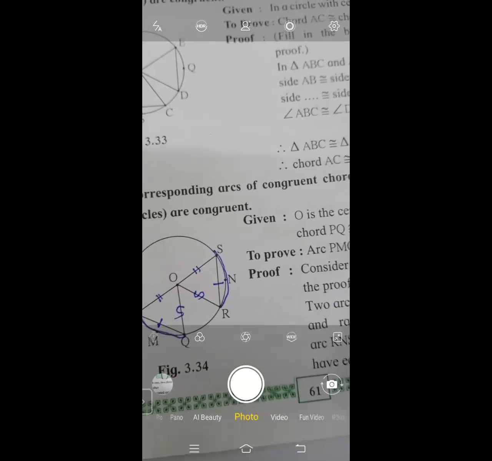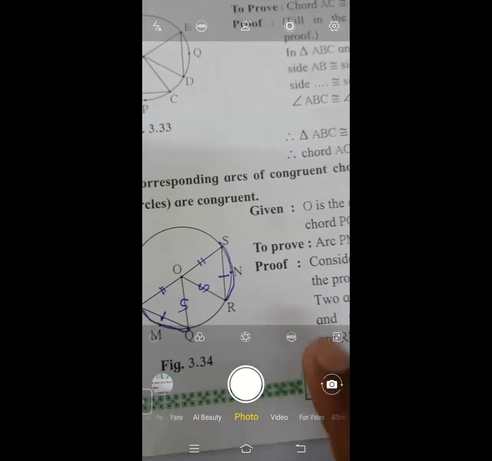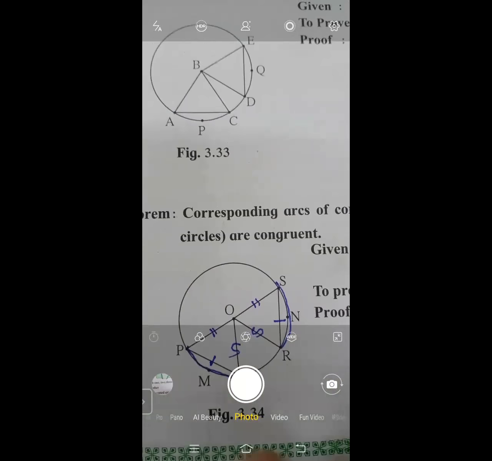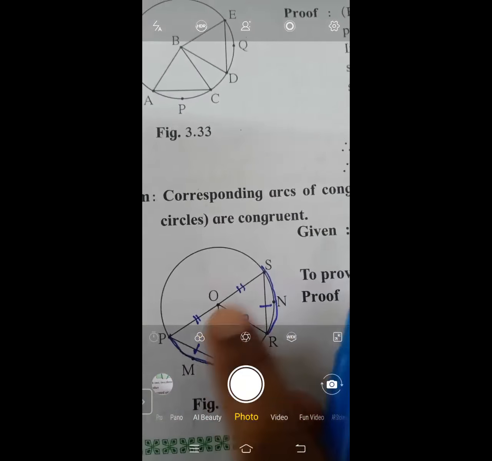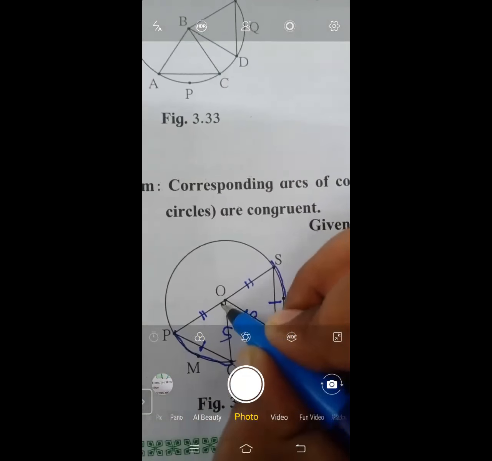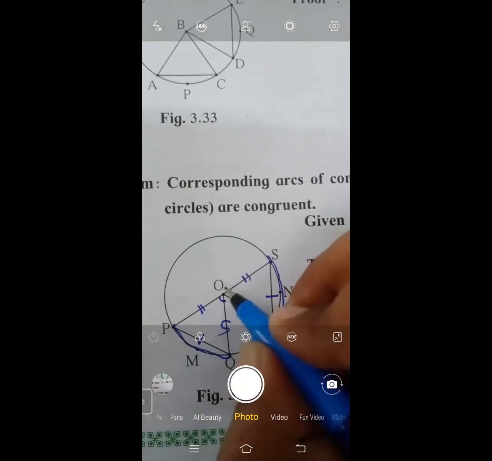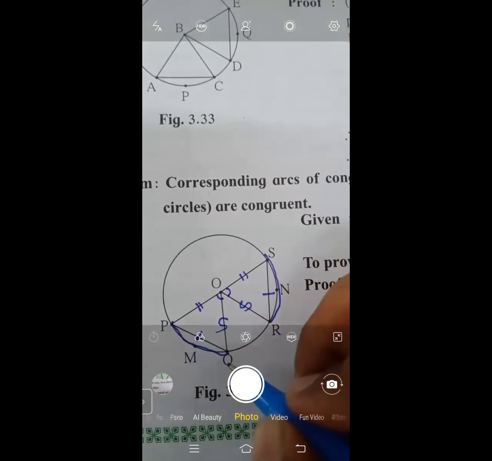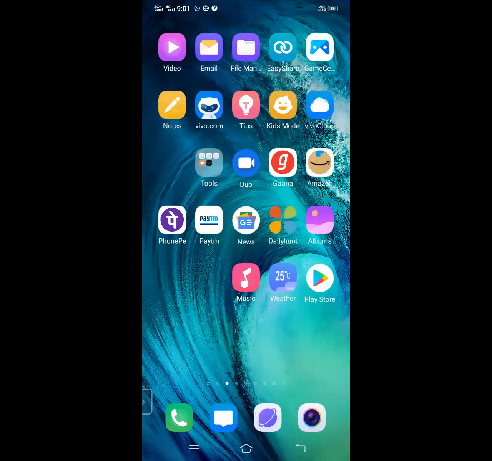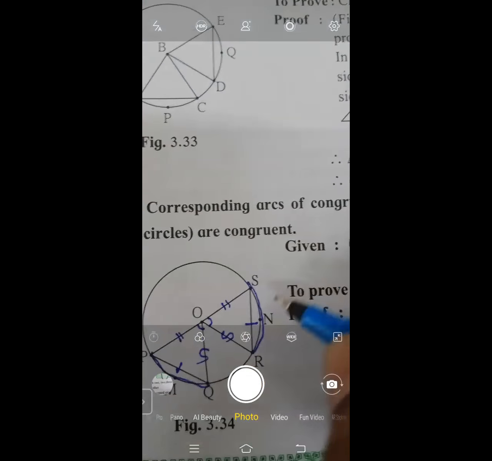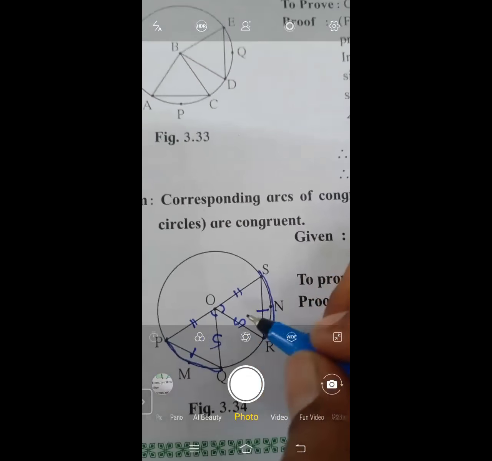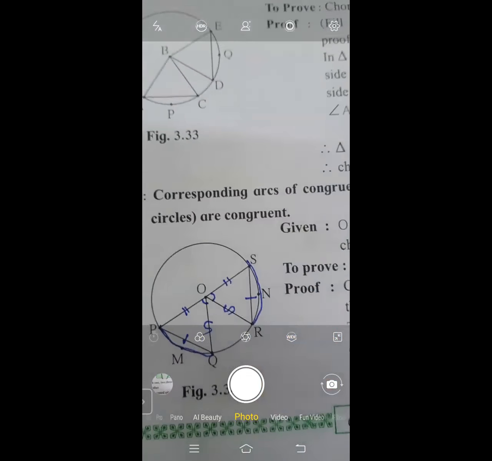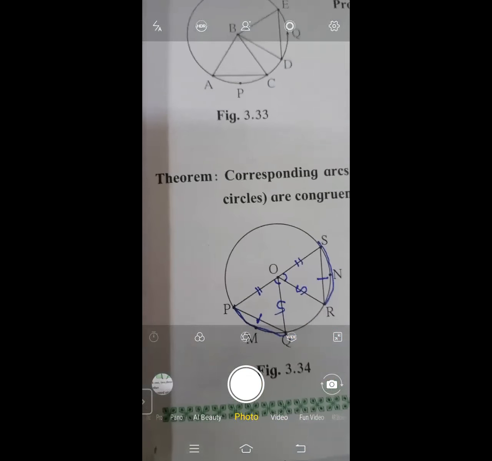Now we know that these angles are central angles. So our next statement will be angle POQ is congruent to angle SOR, by CACT, corresponding angles of congruent triangles.